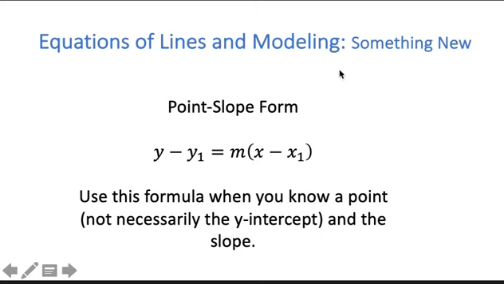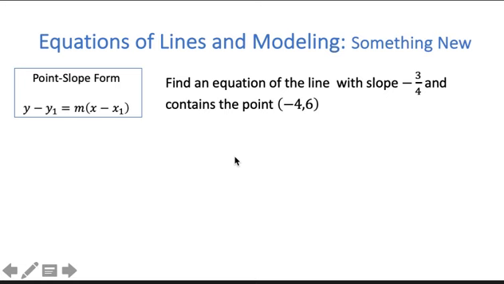Point-slope form looks like this: y minus y1 equals m times x minus x1. In this equation, y1 and x1 are the y and x coordinates of the point we're given, and m is the slope.